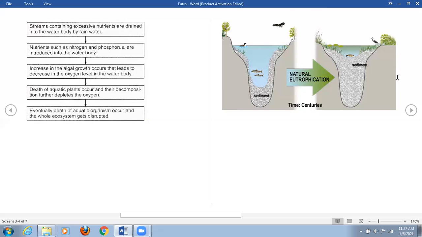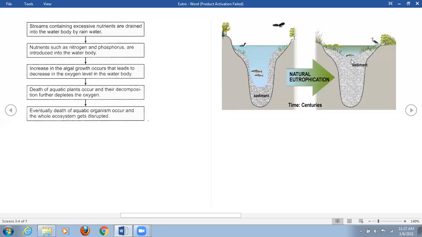On the right hand side of your screen, it shows the natural eutrophication, where natural eutrophication takes place by the mineralization of the organic matter, then disintegration of the rocks. So all these phosphate, nitrate, and other nutrients are sedimented over there, and it takes centuries, near about 100 years.